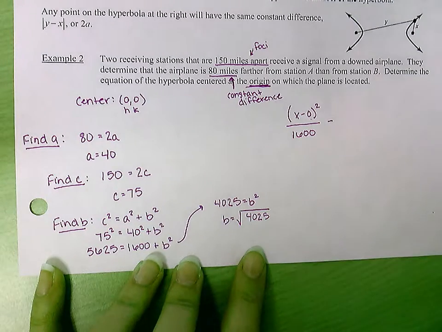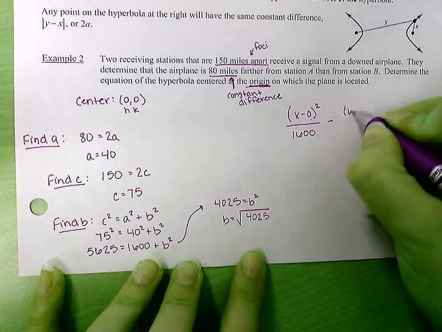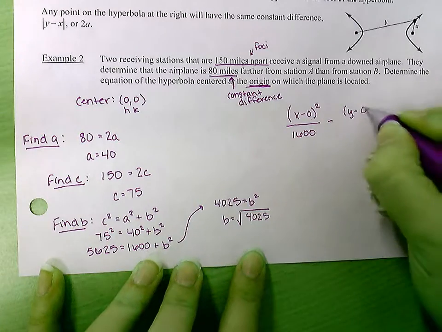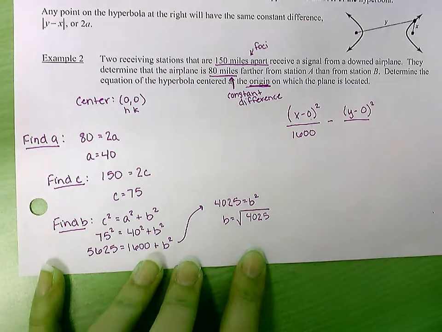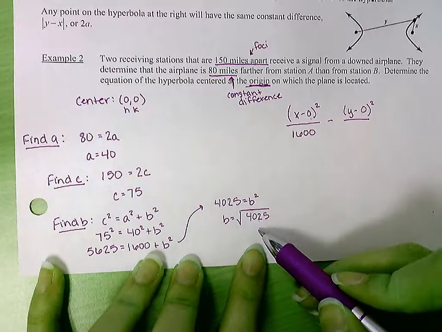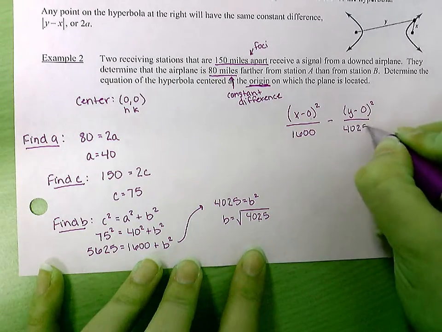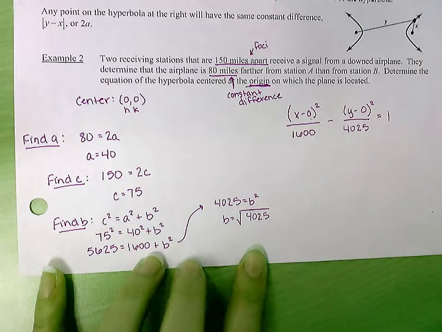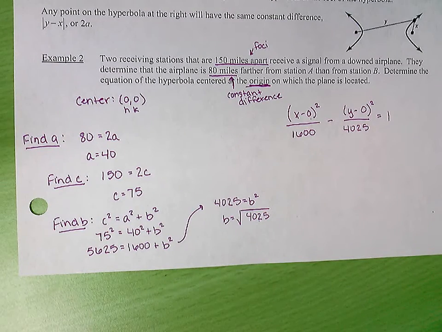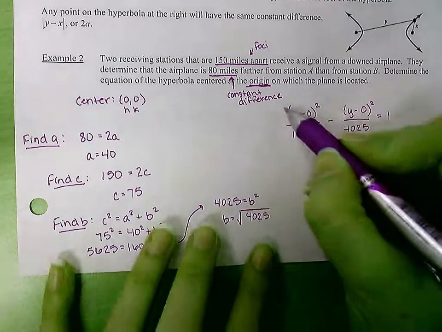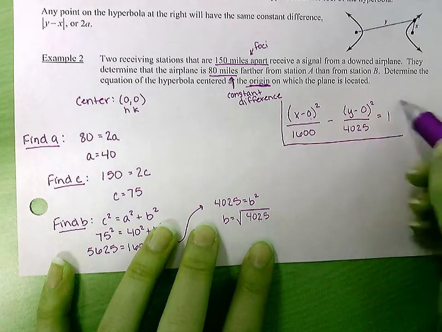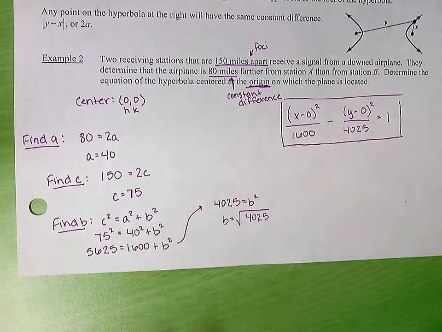Subtract y minus our k value, again 0, squared, over our b squared value. When I square a square root, they cancel out, and it should equal 1. To draw in your asymptote.